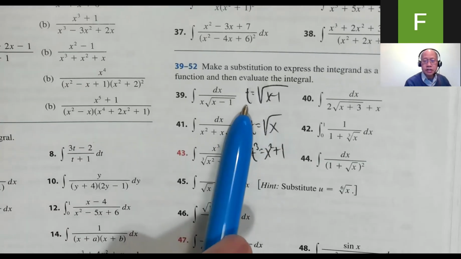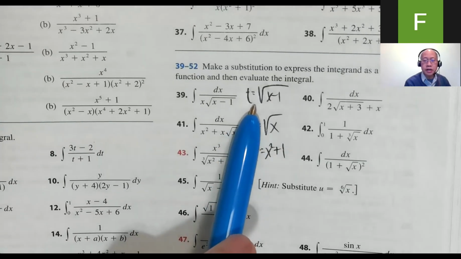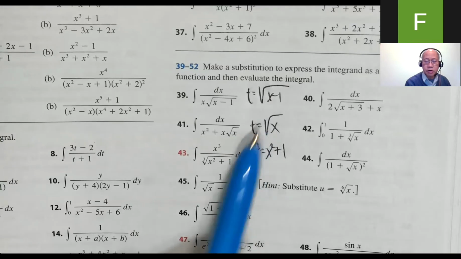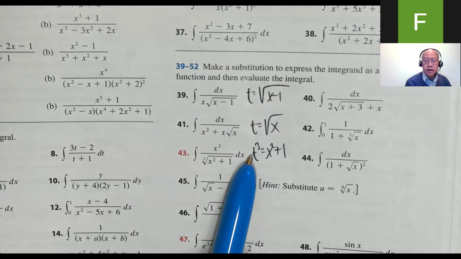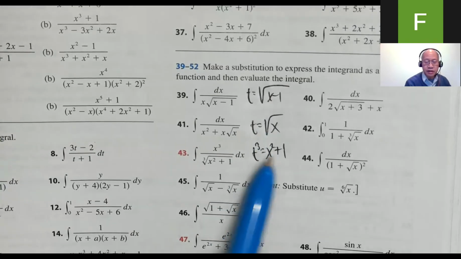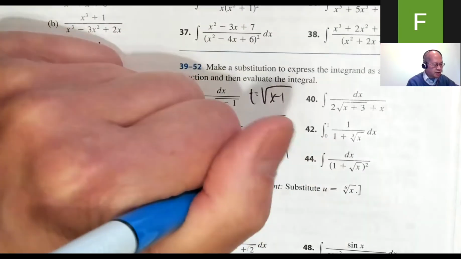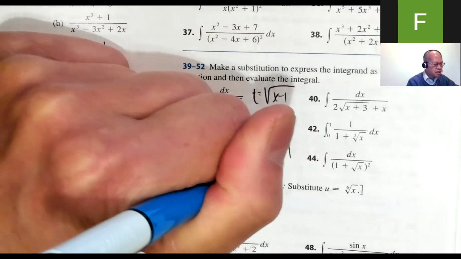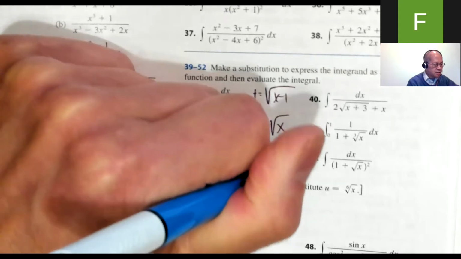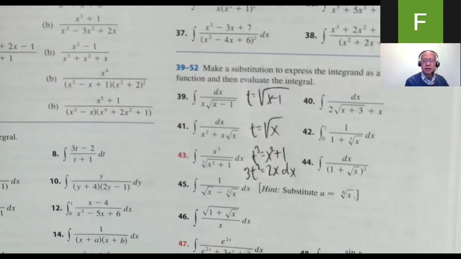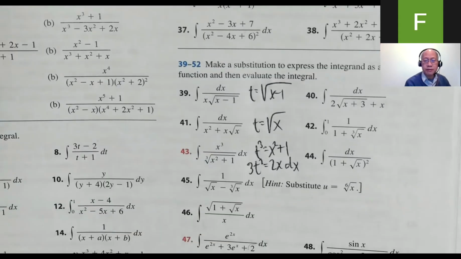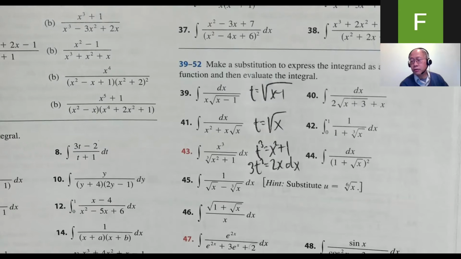So this one you're going to square both sides, and here you're going to square both sides. And here, it's already good. You can just go with it. So substitute as necessary. It looks like for this one, you're going to go something like 3t squared equals 2x dx. So that should help you for 43 somewhat, hopefully.